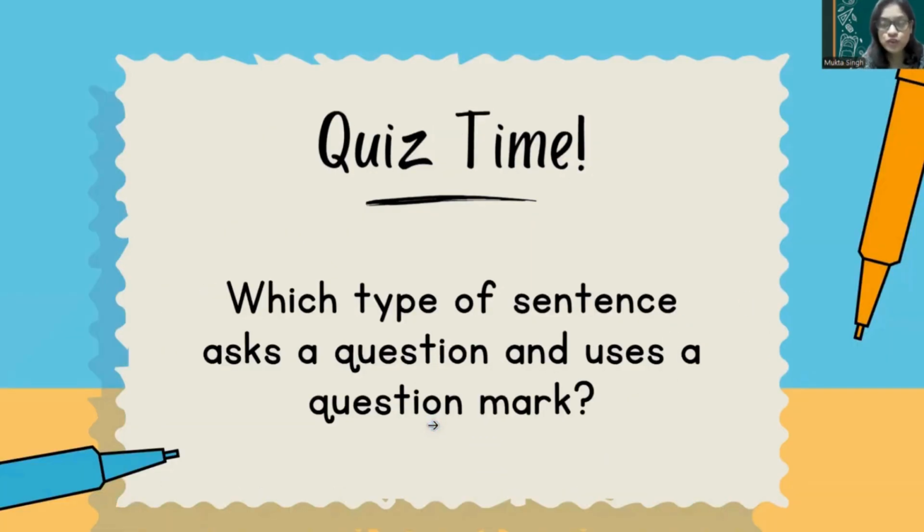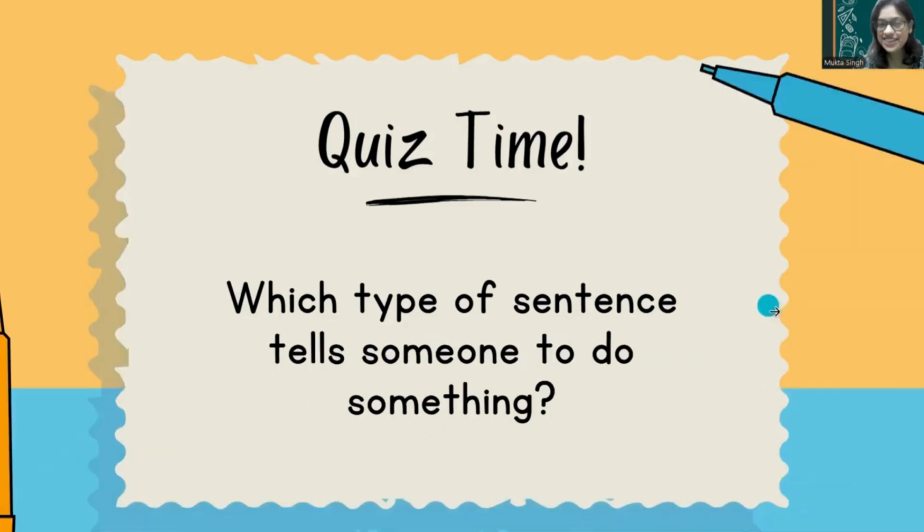Now we move on to the quiz time. All right. So the question for you is, which type of sentence asks a question and uses a question mark? What is your answer? Yes, interrogative sentences. Next, which type of sentence tells someone to do something? Think. Yes, imperative sentences.